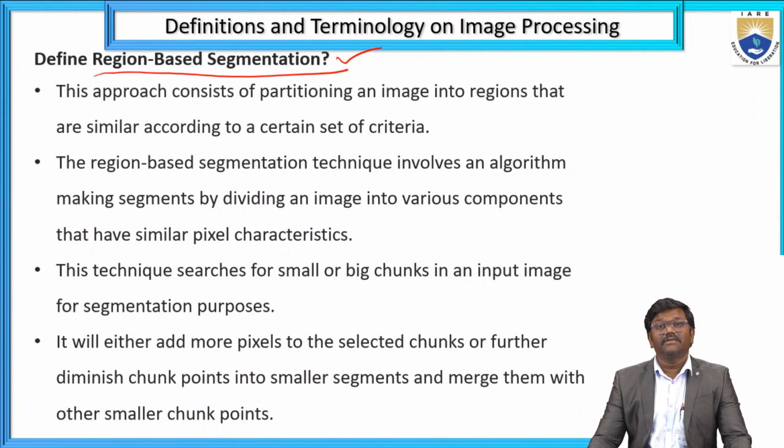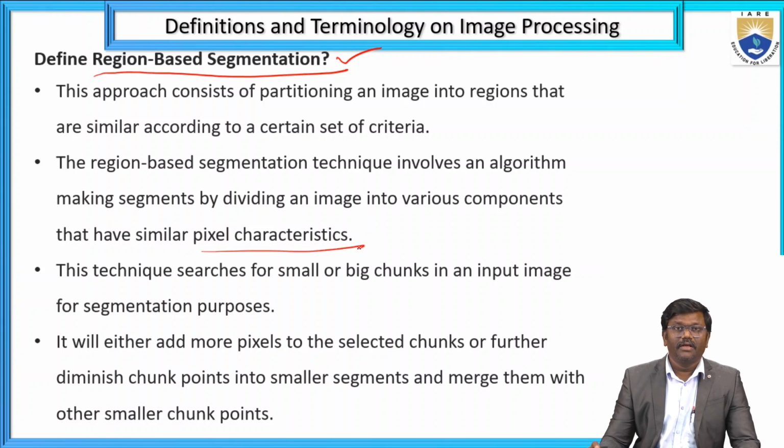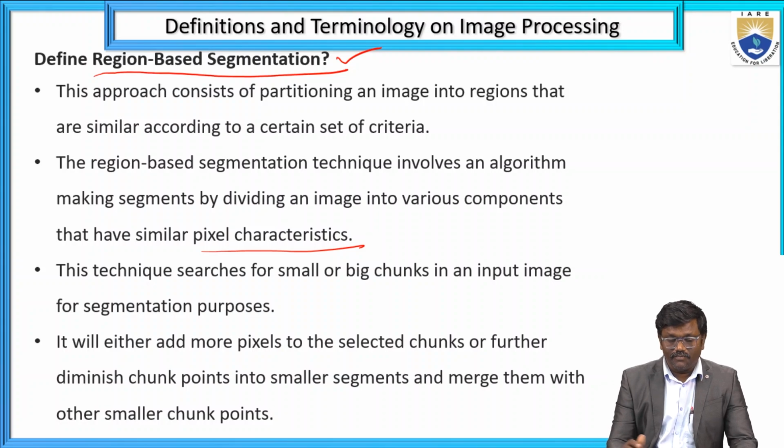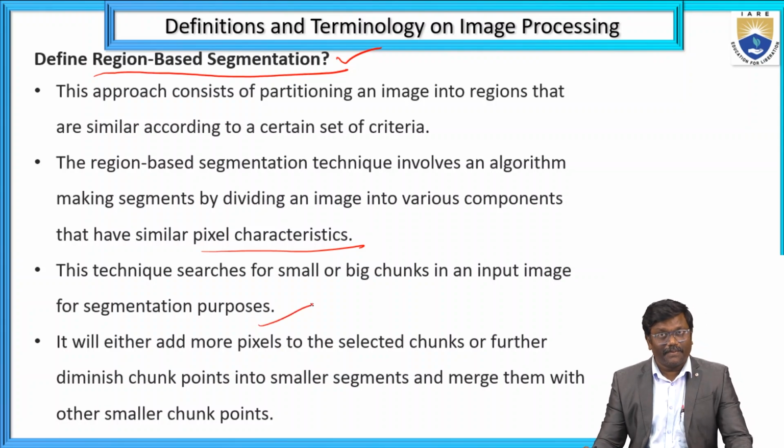The technique involves an algorithm making segments by dividing an image into various components that have similar pixel characteristics, applied to small or big chunks in an input image for segmentation purposes.